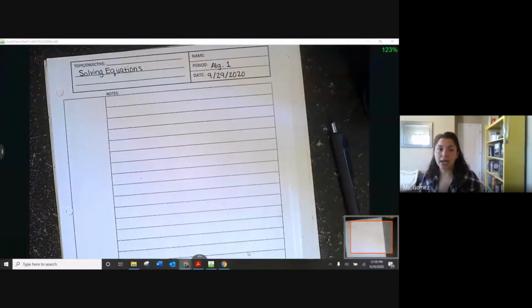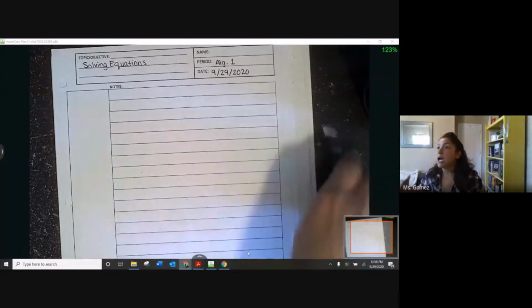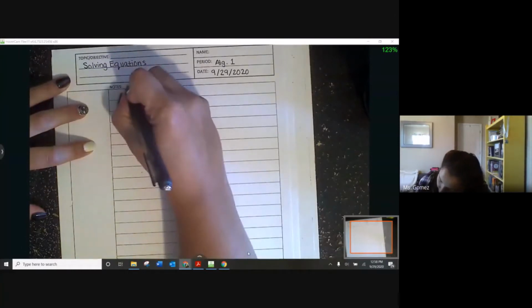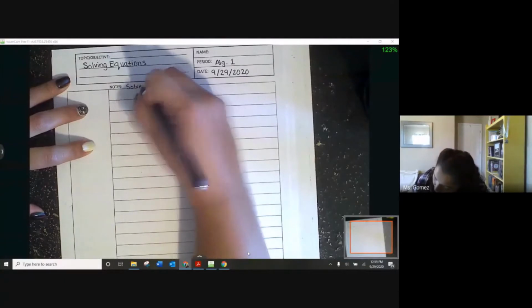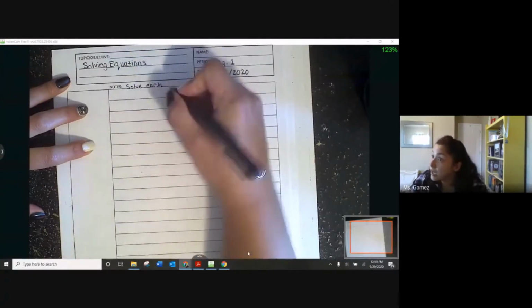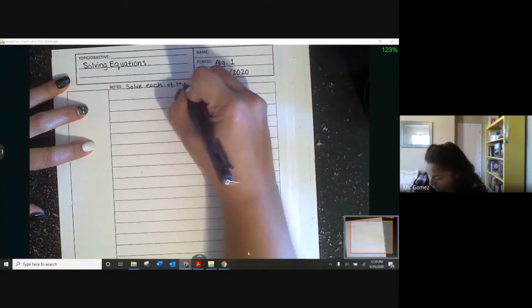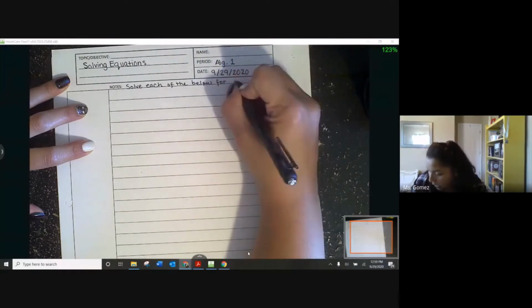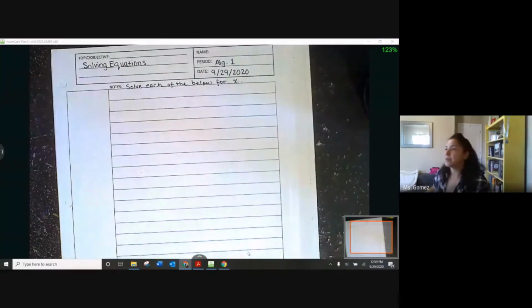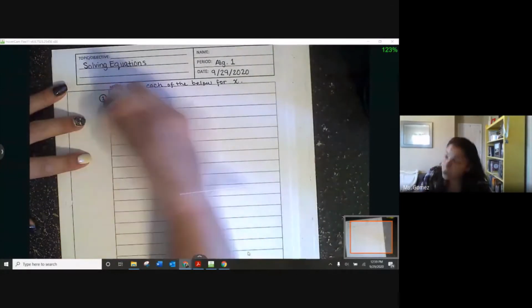And again, I'm just using Cornell notes. So let's begin. So we're going to be solving, all right, here. Solve each of the below for x. That seems kind of, well, obvious. So example number 1.